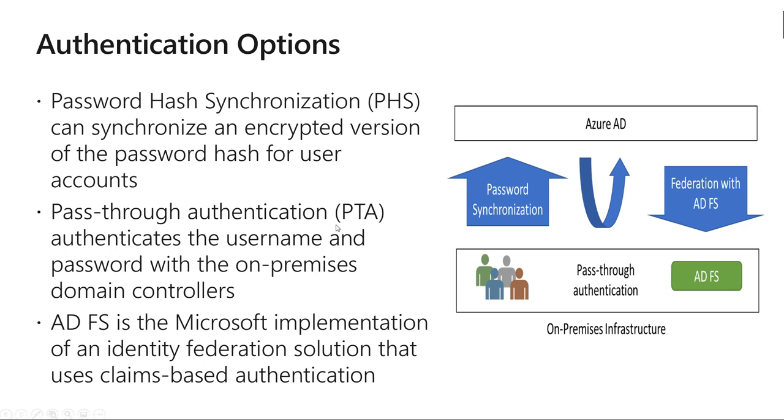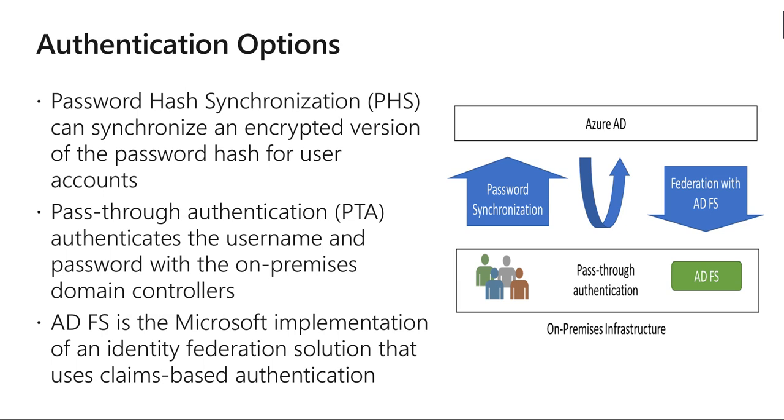Because they have several competitors like Okta, right? You can treat PTA as an easy-deployment ADFS. It doesn't put the user's password in the cloud. It doesn't synchronize the hash. It's still breakable in a way, so it keeps the password on premises, which also helps with compliance in some industries.